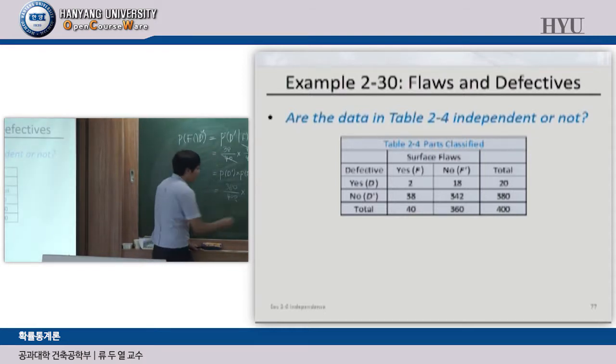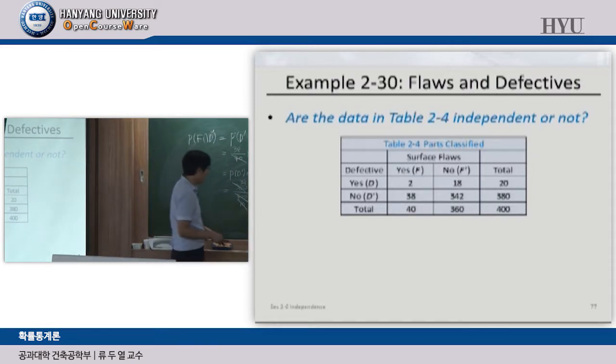So in this case, 40 can be eliminated by dividing 400 by 40, and 10 will be left. And 10 can be also eliminated by dividing 380 by 10, so there will be 38 here. So that equals to 38 divided by 400.